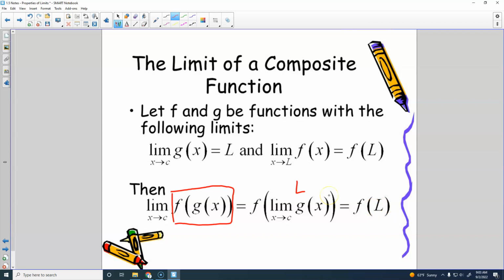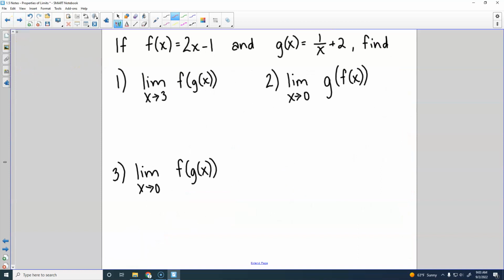So we're going to do the limit of the inside part first, then we use that number that we get to do the limit of the outside part. And there's going to be a little trick to it here. This time I actually have equations, and let me think for a minute.